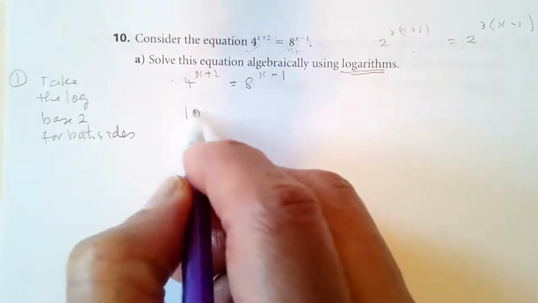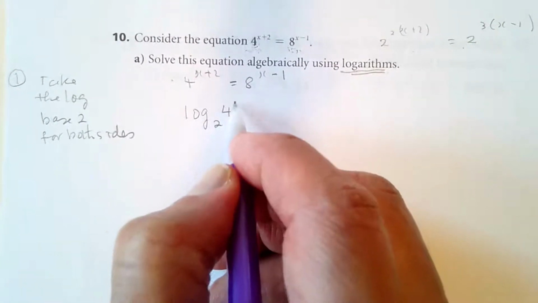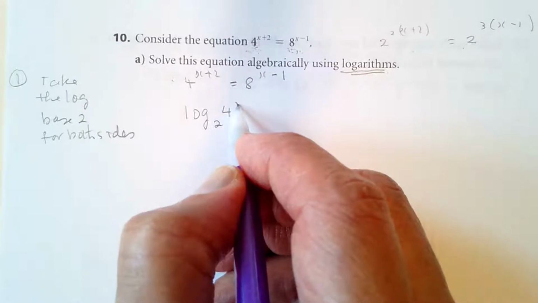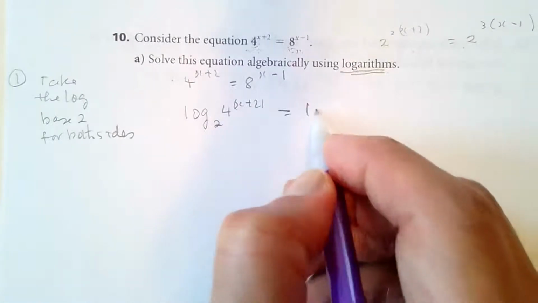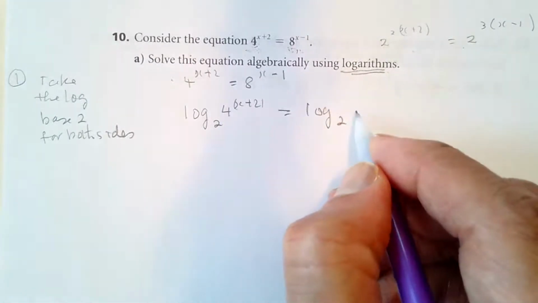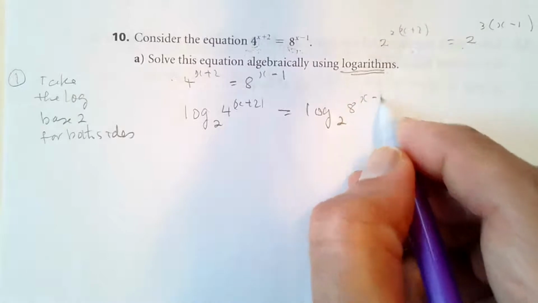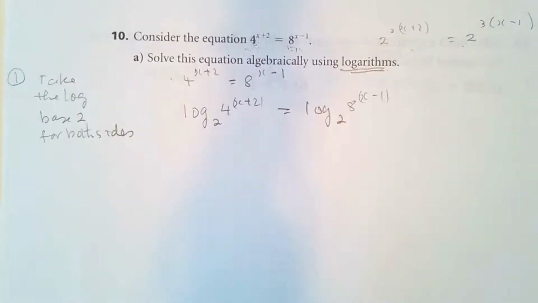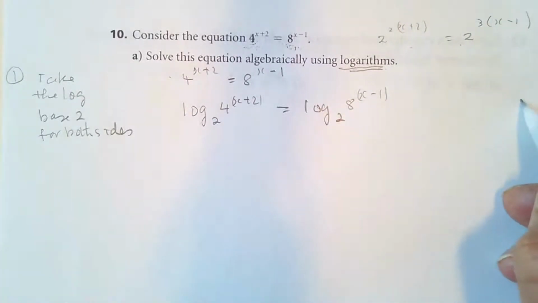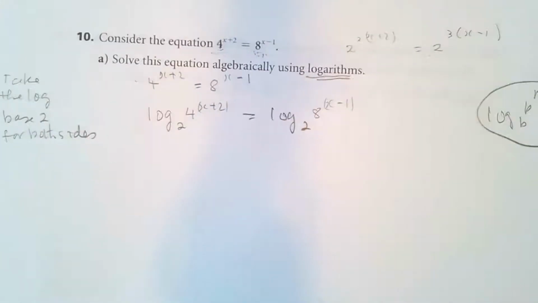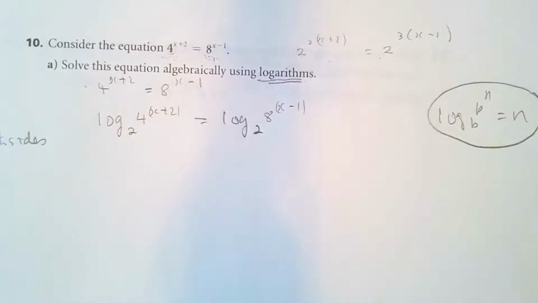If we take log base 2 of both sides, we get log 2 of 4 to the x plus 2 equals log 2 of 8 to the x minus 1. Remember this rule; we've used it so many times, it's almost part of our strategies.